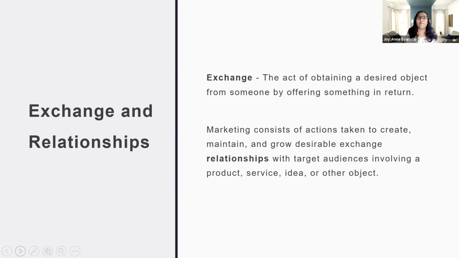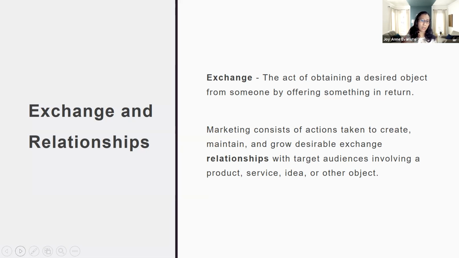However, exchanges do not only come in the form of potential buyers purchasing a product or service. Remember what I mentioned a while ago, that market offerings are not just products and services.